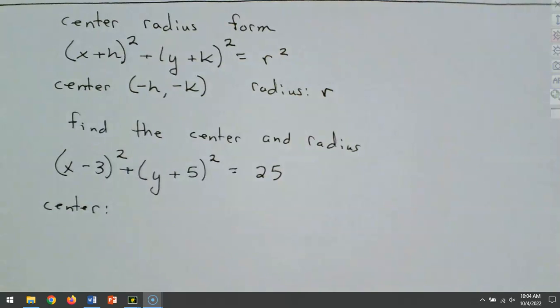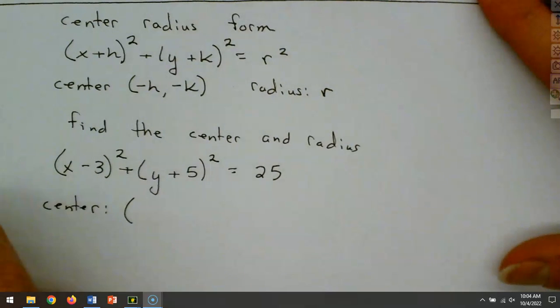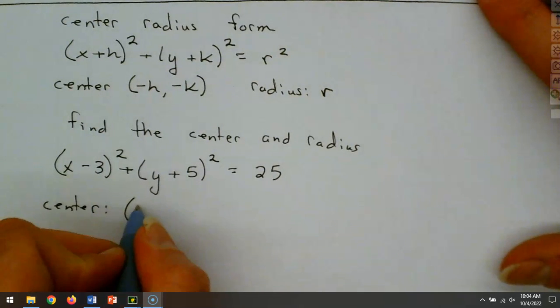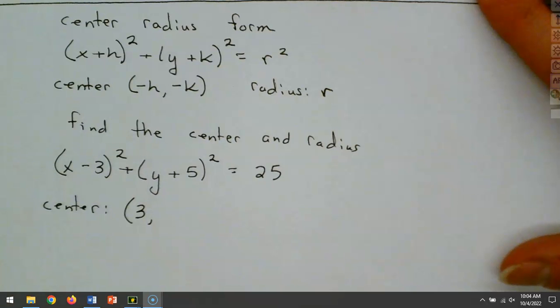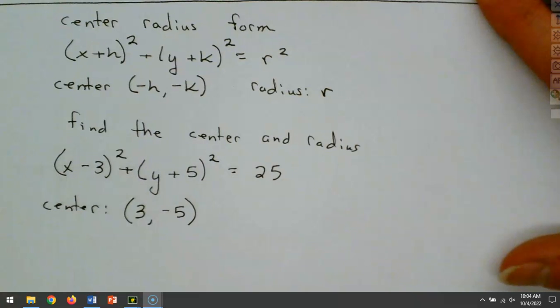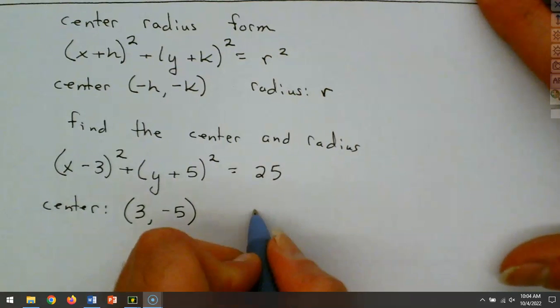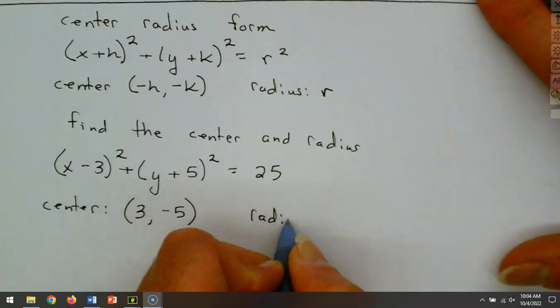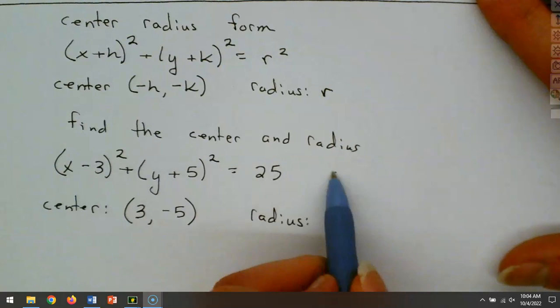So what would the center be? Now, when we go from the center radius form to the center of this circle, we switch our signs. So that minus 3 becomes a positive 3 for the x. So it's 3 there. And that positive 5 for the y becomes a negative 5. That's your center. Now your radius is not 25 because that's r squared.